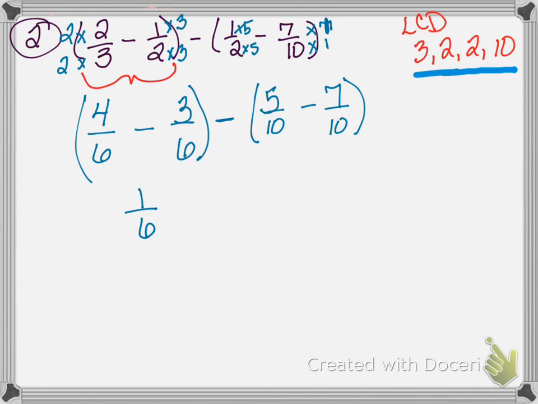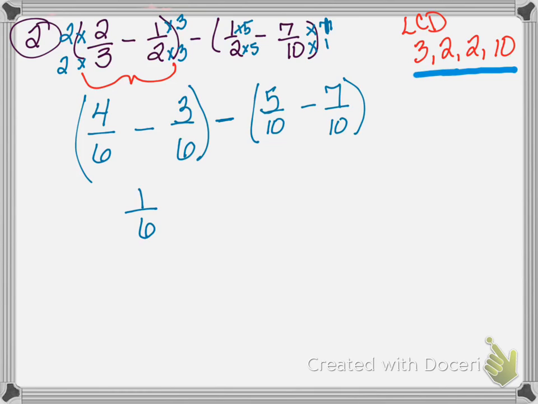Okay? Now be careful here. 5 over 10 is still positive because we're dealing with what's inside the parentheses. Okay, so I actually have 5 over 10 minus 7 over 10. Okay, what's 5 over 10 minus 7 over 10? 2. It is, and is it positive?